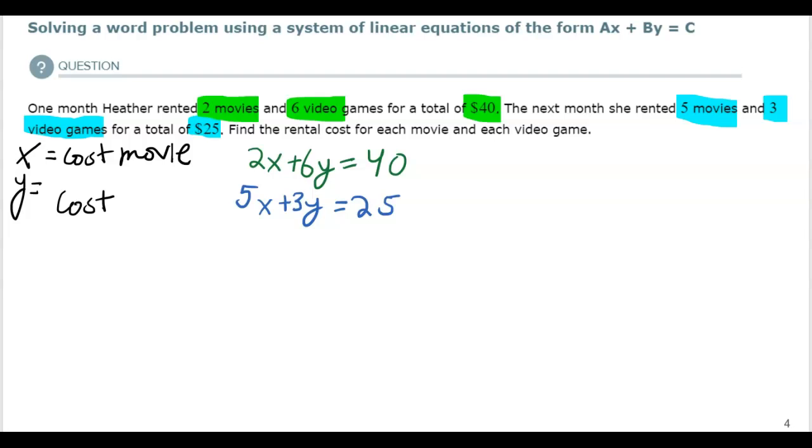The way this looks like it's set up, I'm going to choose elimination because I think I'll be able to get the 3 and the 6 or the 2 and the 5 to add to 0. So I'm going to go ahead and multiply, make my y's add to 0, multiplying everything here by a -2.